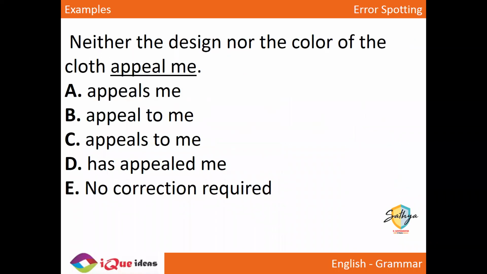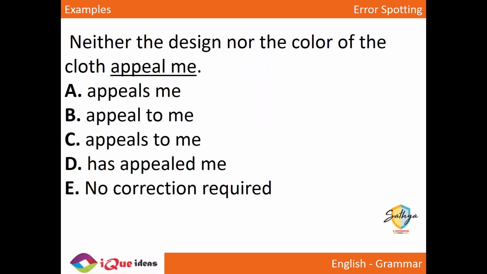Neither the design nor the color of the cloth appeal me. This is slightly tricky.